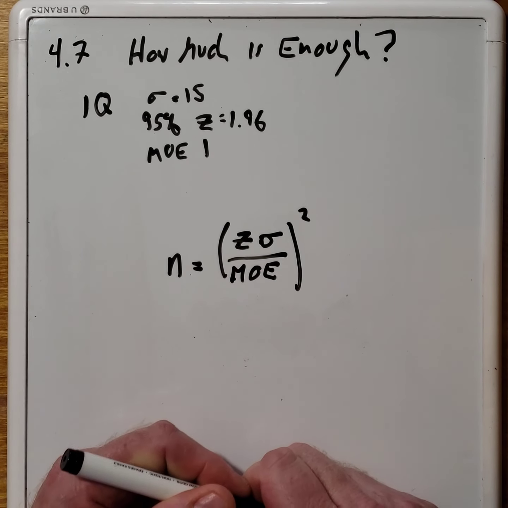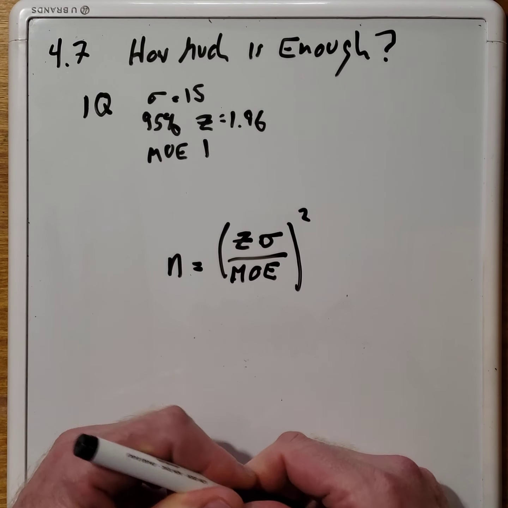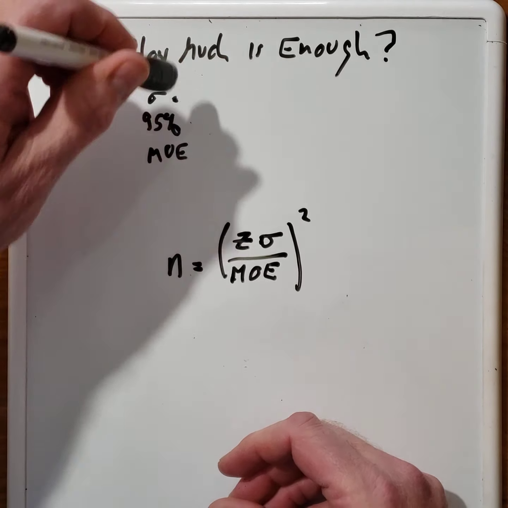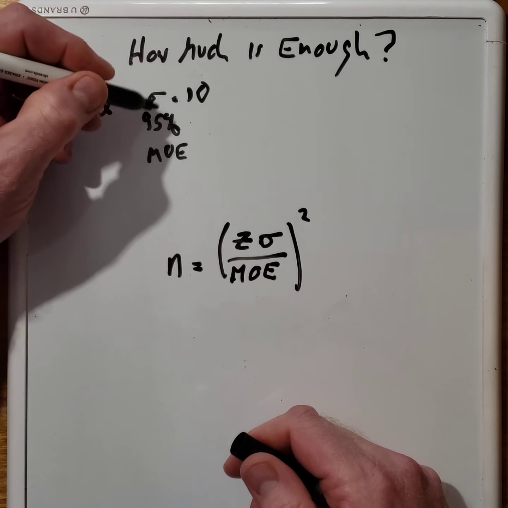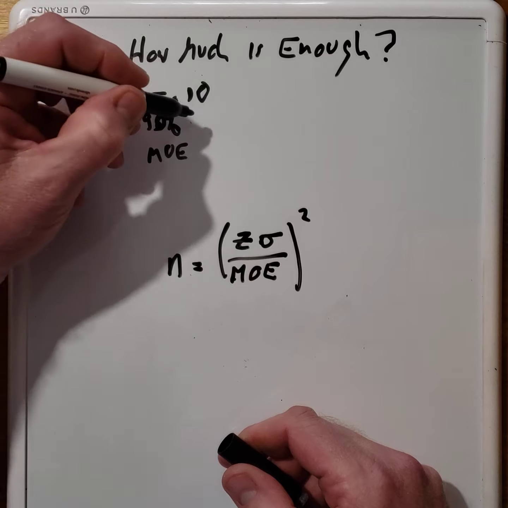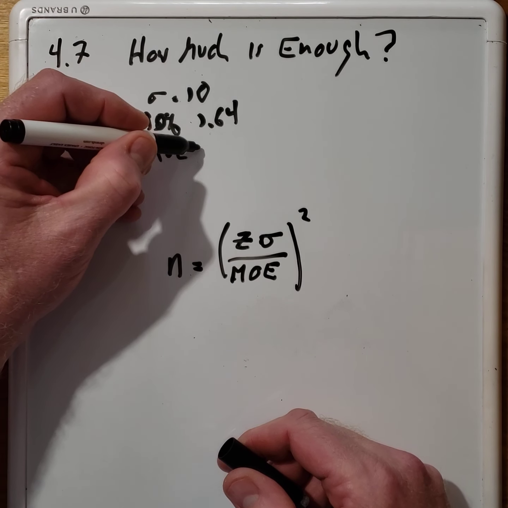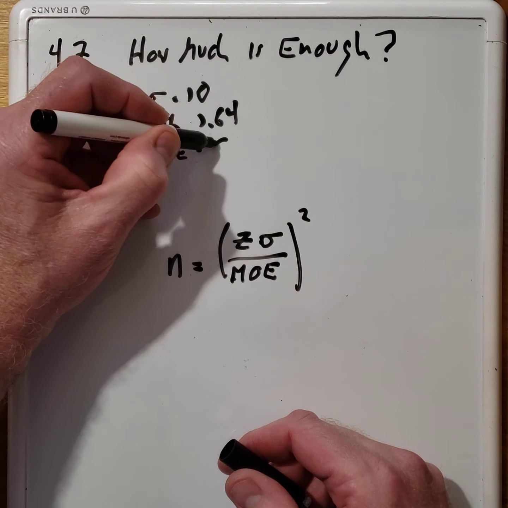Let's look at our other situation. We had the commute times, and we had an average, which didn't matter, of 25. We had a standard deviation of 10. We only really care not that much about it, so 90%, which gives us 1.64 for Z. And let's say we want our margin of error to be, let's go for 5 minutes.